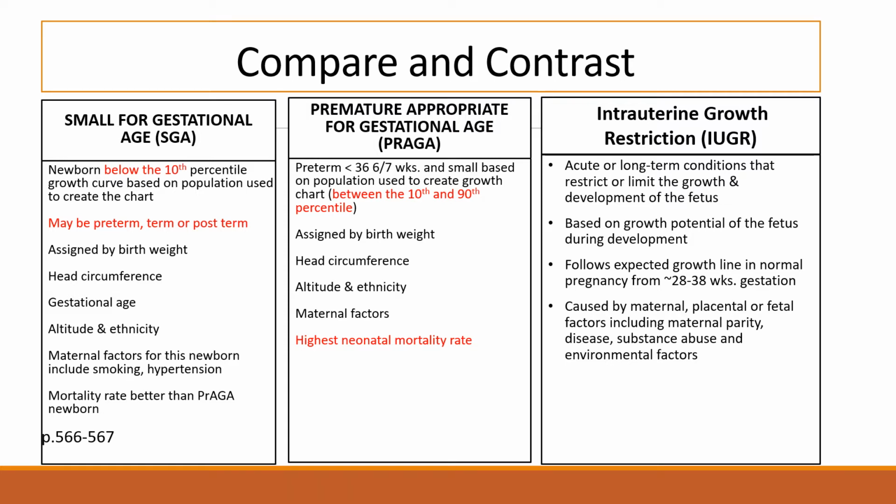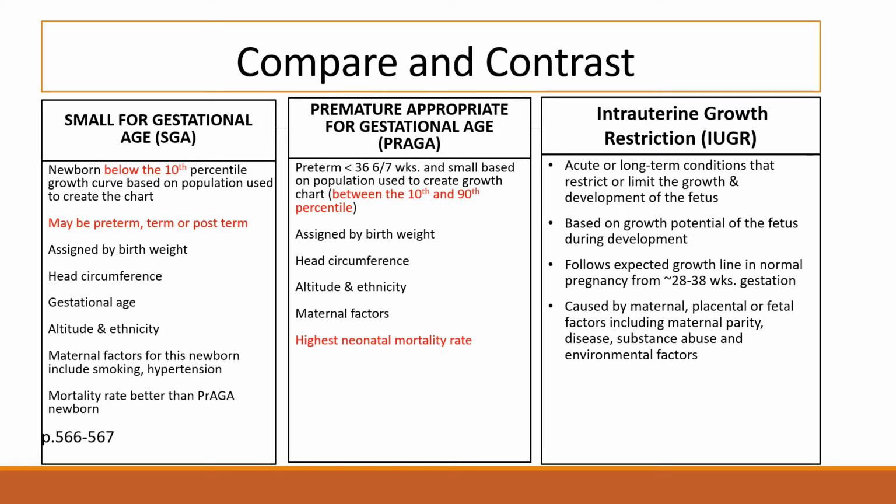A lot of times, intrauterine growth restriction is caused by maternal or placental, or even fetal factors, including maternal parity. So, depending on how many pregnancies a mom has had, this could impact the growth of a subsequent pregnancy.